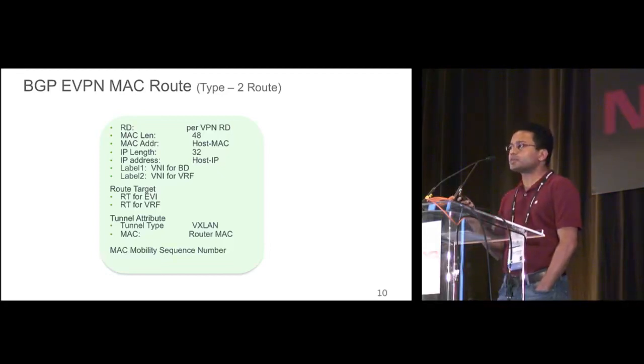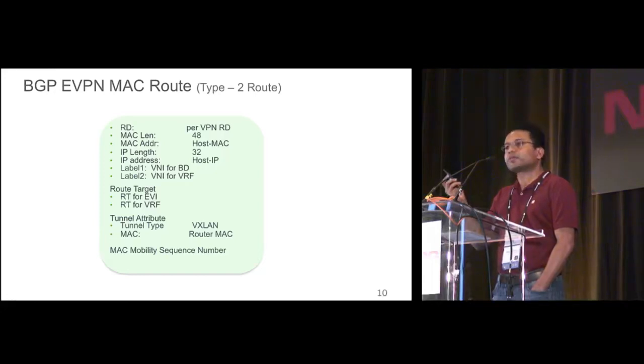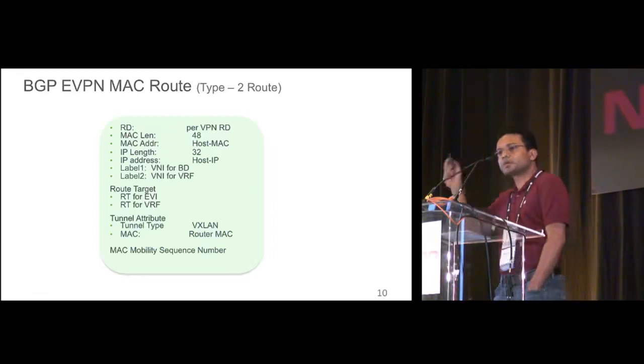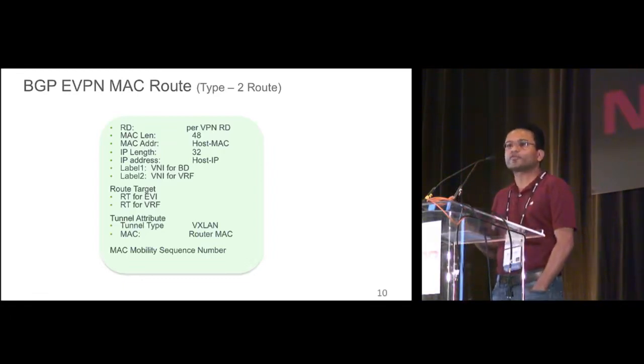Now this sequence number is integrated as part of the BGP best path computation, so BGP will always pick the route with the highest sequence number as the best, such that the traffic is no longer flowing to the older leaf, but has converged to the newer leaf location. This prevents the traffic problem that exists with VXLAN flood and learn.